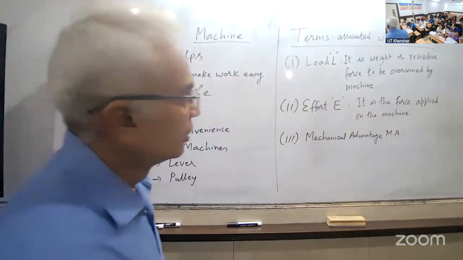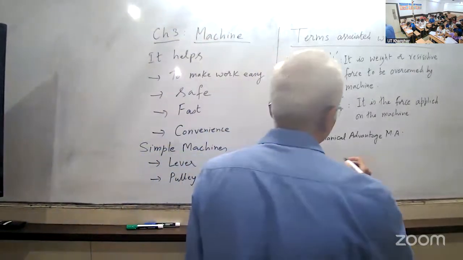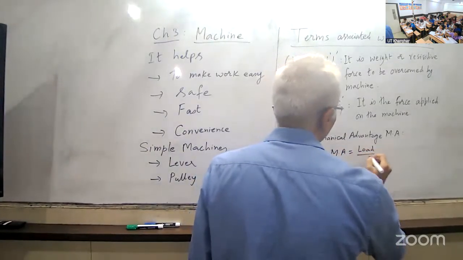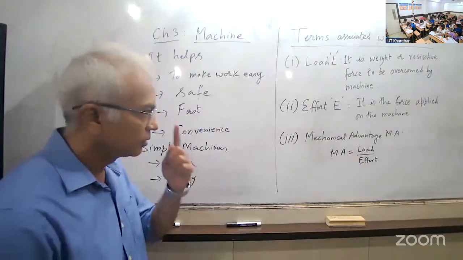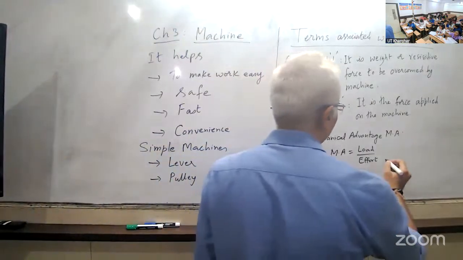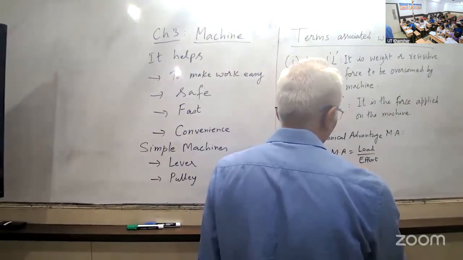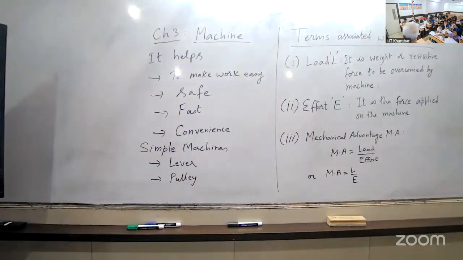So MA is defined as the ratio of load to effort, or L upon E. Depending upon this ratio, we have different types of machines.